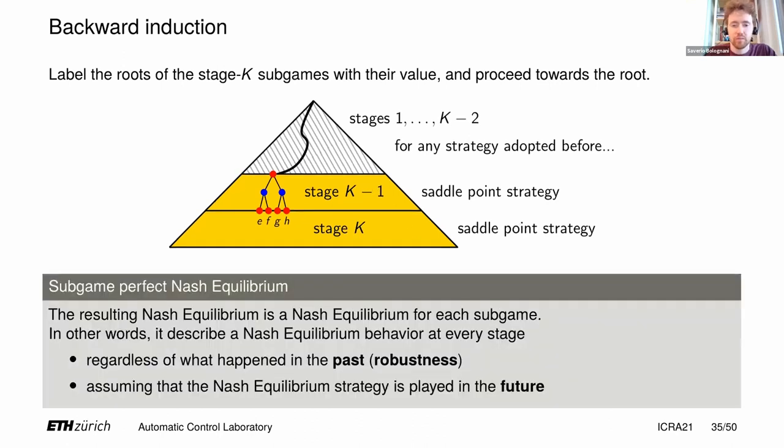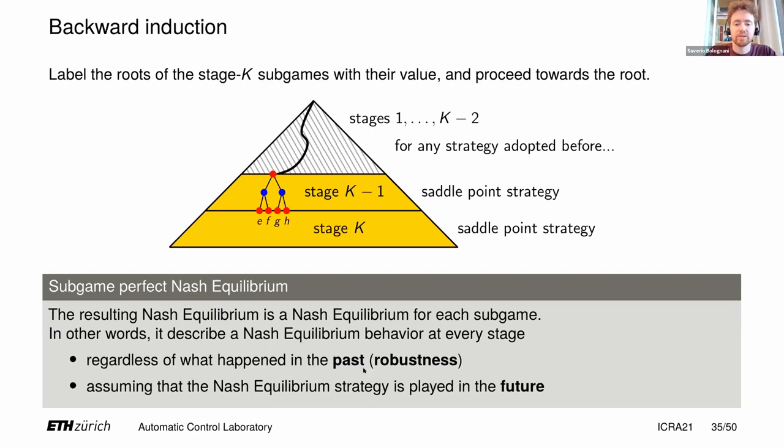So when you complete this to the root, it gives you a subgame perfect Nash equilibrium. A subgame perfect Nash equilibrium is exactly the kind of solution that we've just constructed. It's a Nash equilibrium behavior at every stage, regardless of what happened in the past, because I'm solving each of them separately, and assuming that a Nash equilibrium strategy is going to be played in the future, because we have replaced the leaves of each subgame with the value of the subgame rooted in that leaf.